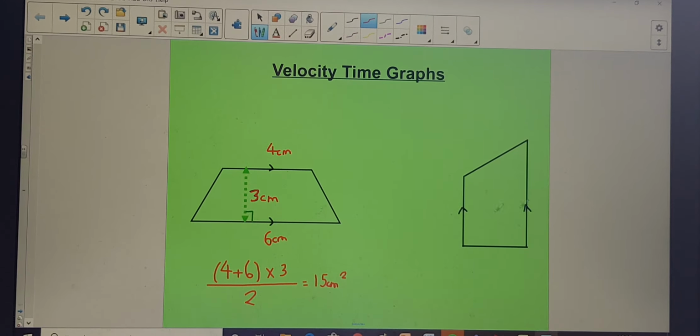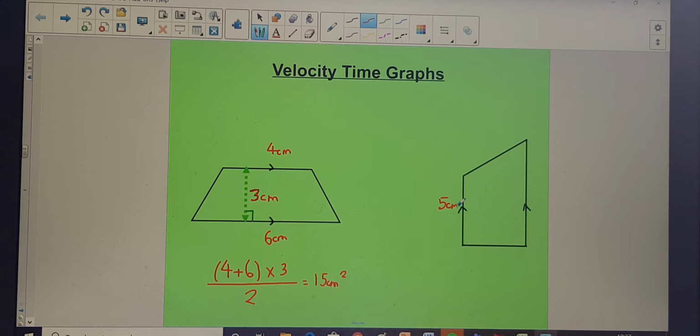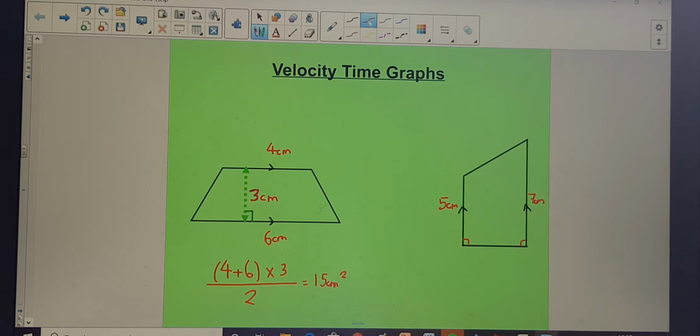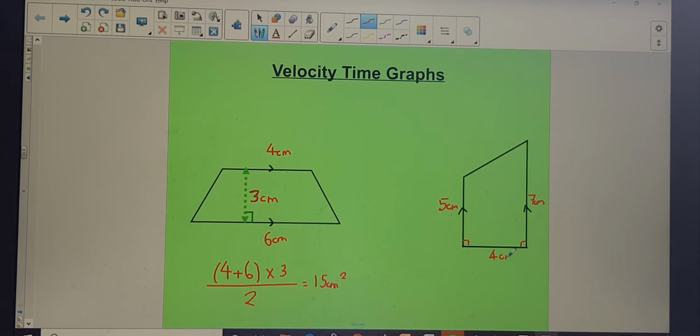If I had, let's call this one 5 centimeters, and this one 7 centimeters, and if those two angles were 90 degrees, then this would act as the perpendicular height. Let's call that 4 centimeters.